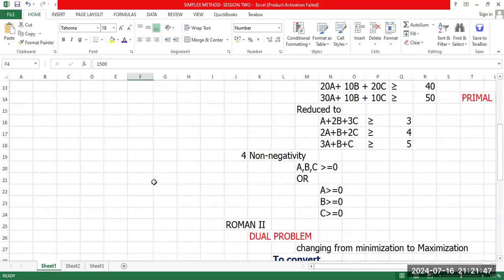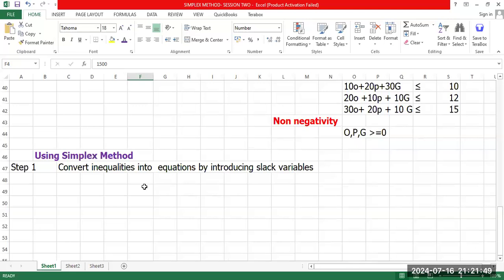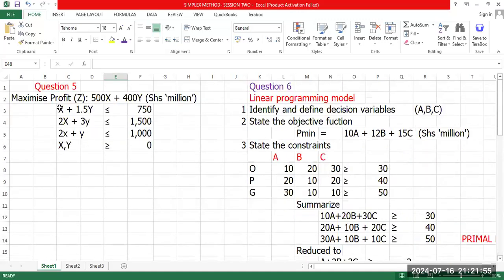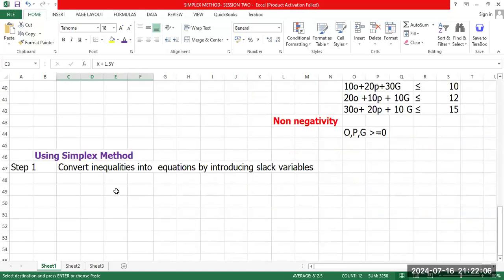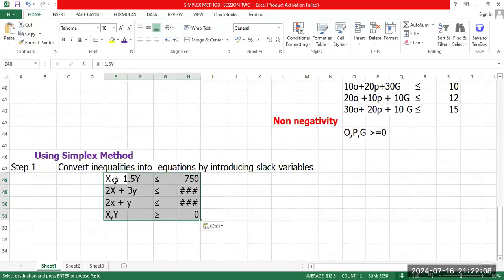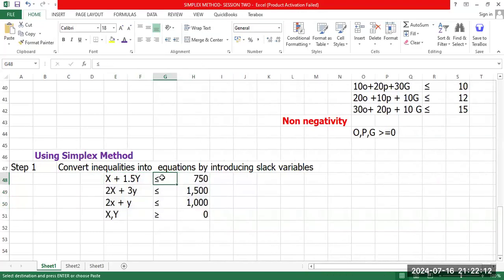That's why we are trying to introduce slack variable. So this was your inequalities. We are saying where there is inequality, put equal signs. First wait, colleagues, don't just copy.